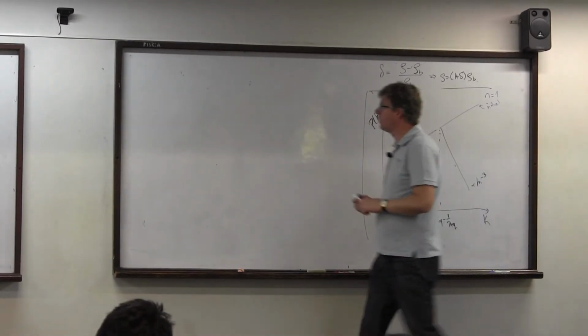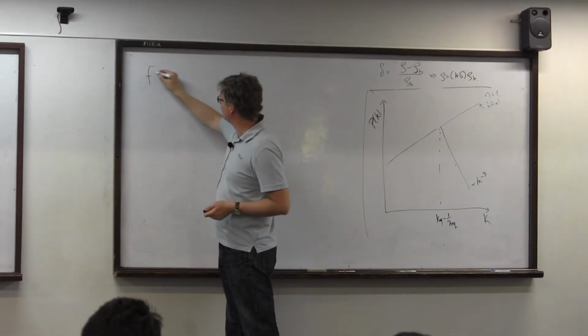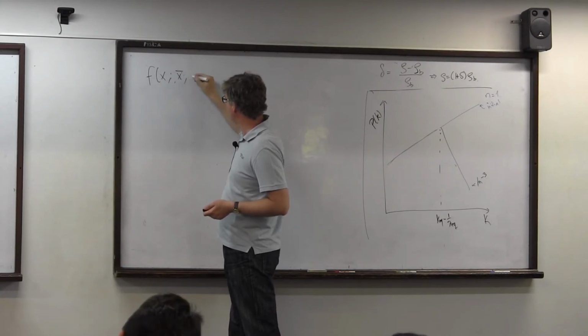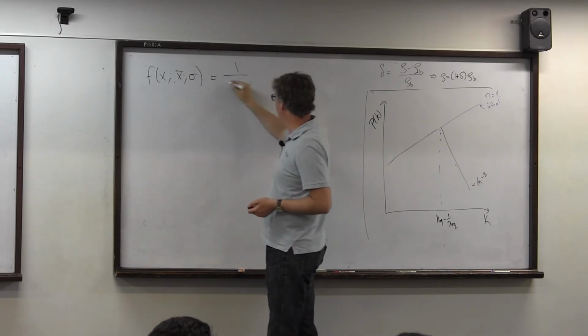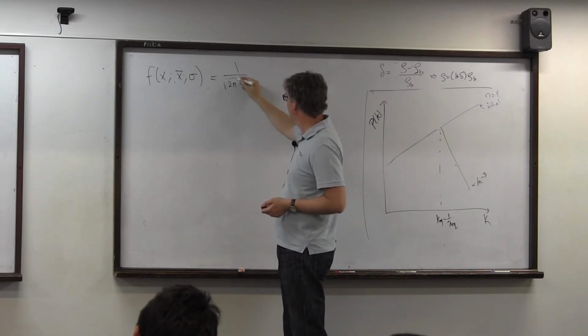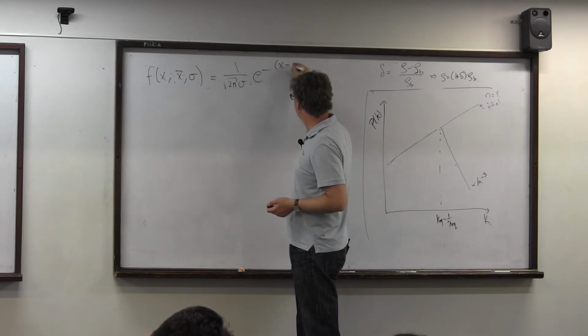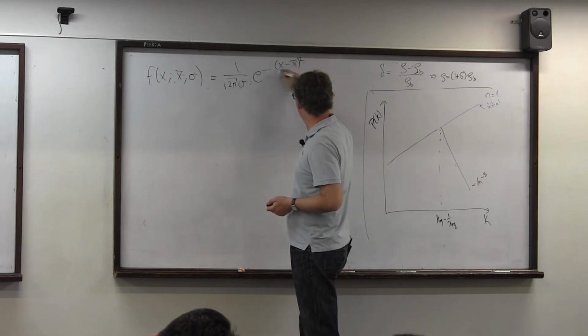In one dimension, it's given as depends on the mean and some spread. It's 1 over square root 2 pi sigma e to the minus (x minus the mean) squared over 2 sigma squared.